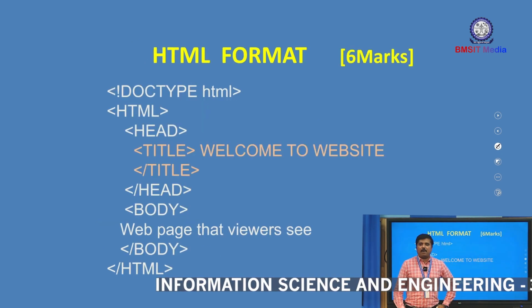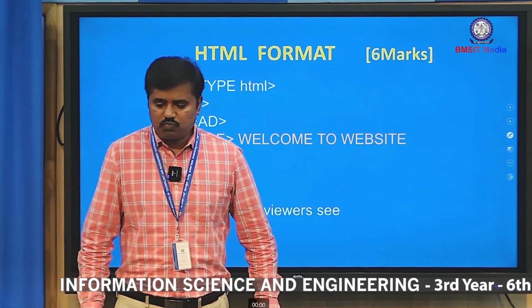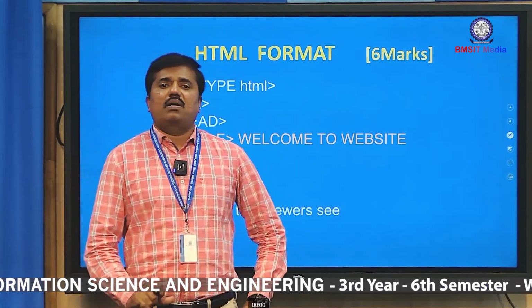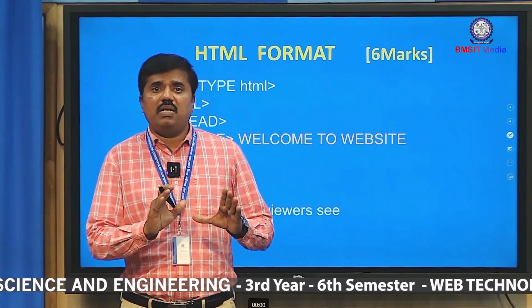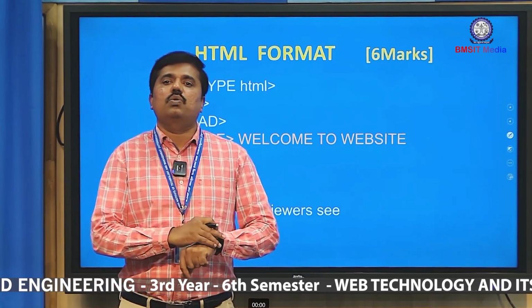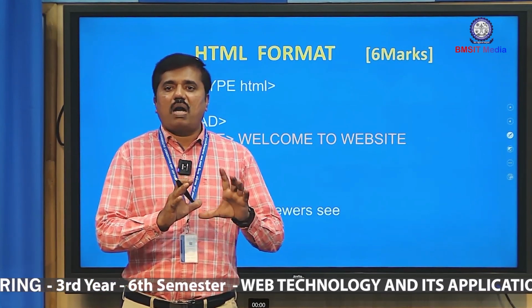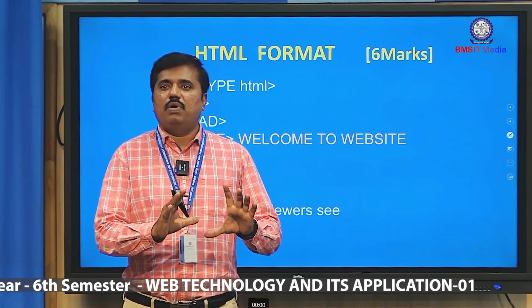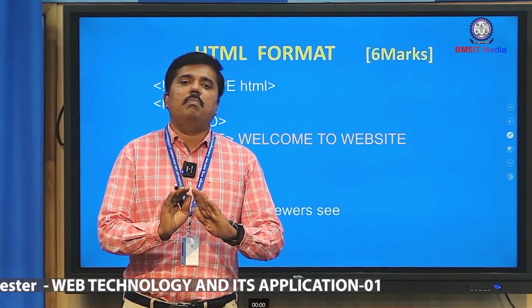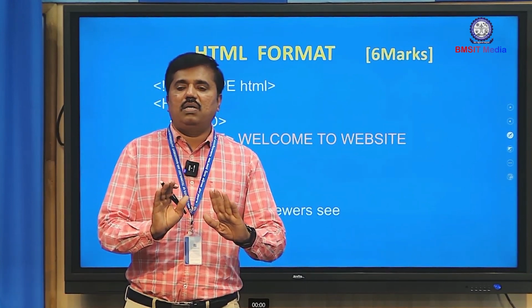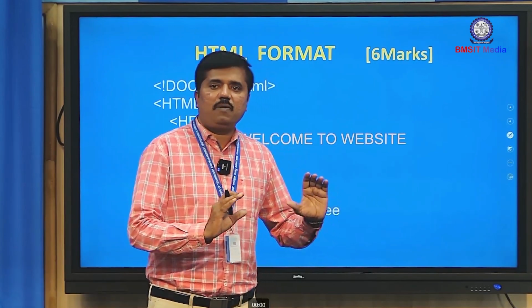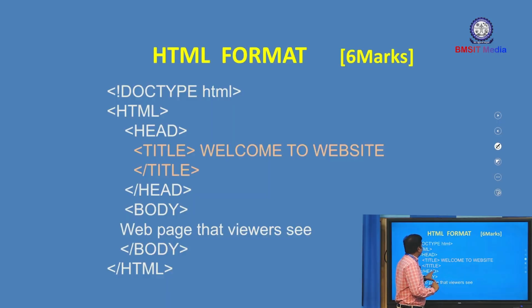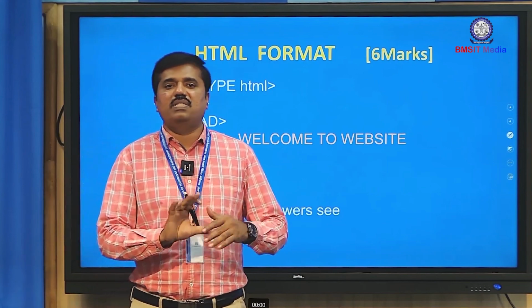It is a very important question. If you know web technology, it is fundamental that any student should know what the format should be for any simple HTML program. First and foremost, you can see on the slide there is one line, DOCTYPE html, enclosed in angular brackets with an exclamation symbol.